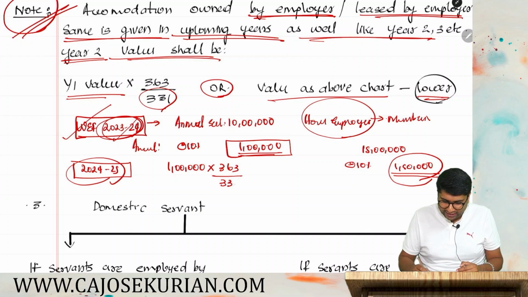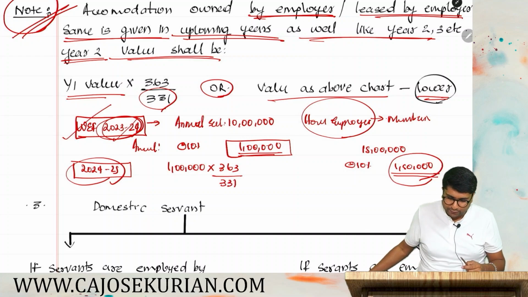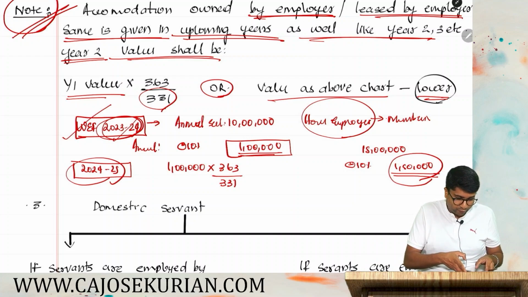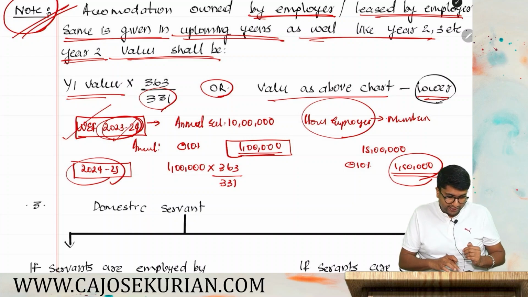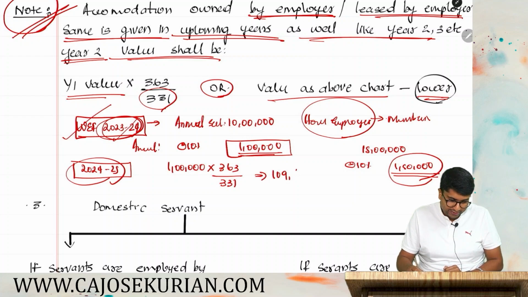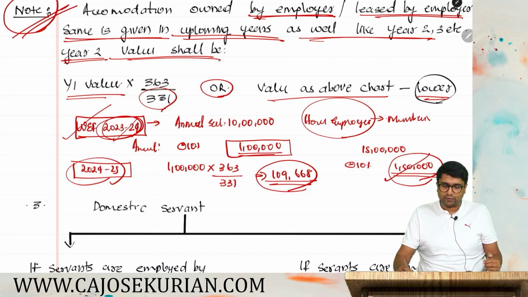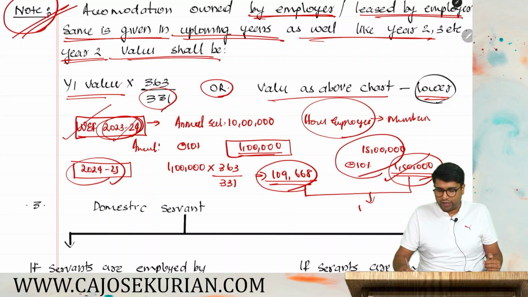So 1 lakh into 363 divided by 331 will be 1,09,667. We can round it off to 1,09,668. So 1,09,668 or 1,50,000, that means year 2 salary into 10%, whichever is lower.